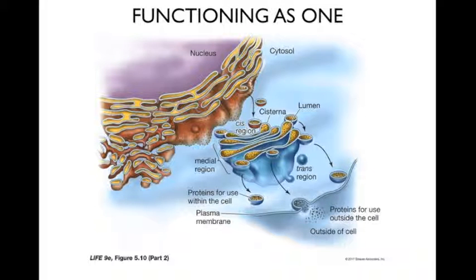We've talked about how all these things function alone, but we haven't talked about how they function as one system, the endomembrane system. Here's a diagram of how the endomembrane system sort of works. So for example, we'll start at the nucleus. A messenger RNA will move through one of the pores in the nuclear envelope into the endoplasmic reticulum.